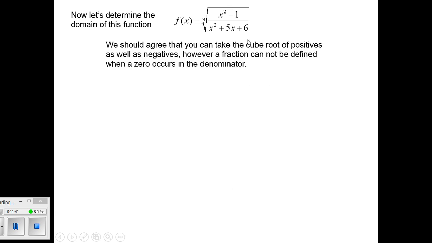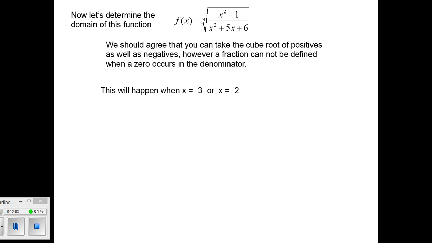Yes, there is, because we still cannot have the denominator zeroing out. We still are undefined at -3 and -2. But we don't need to do a sign table this time around because we're not worried about what's underneath the radical sign having to go positive or having to go negative.